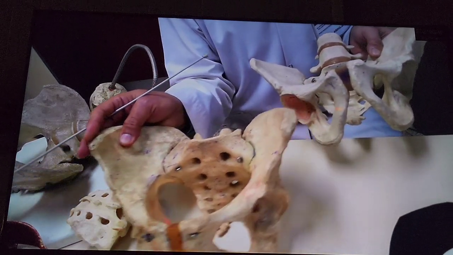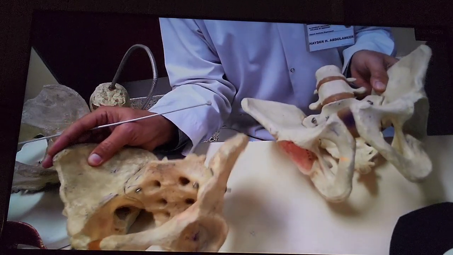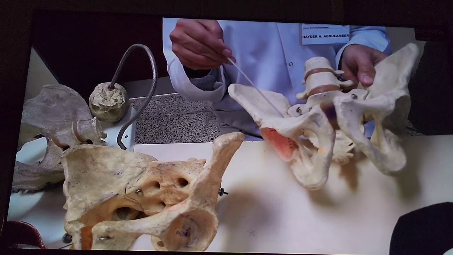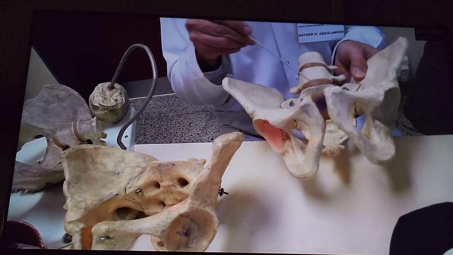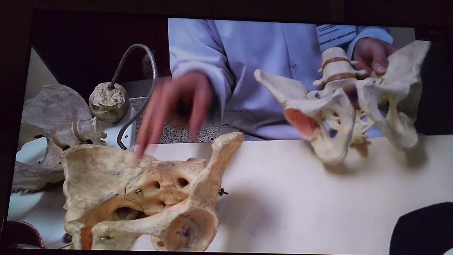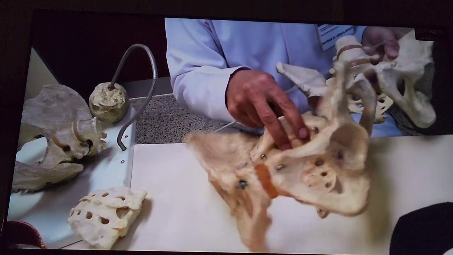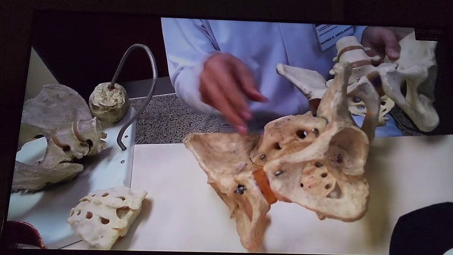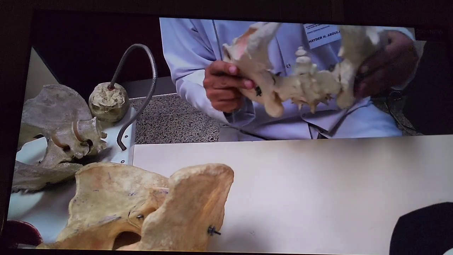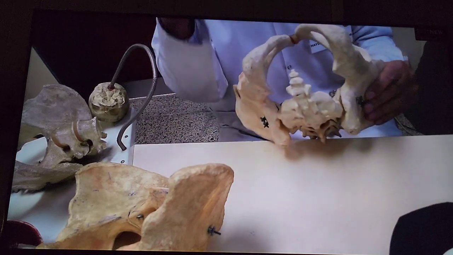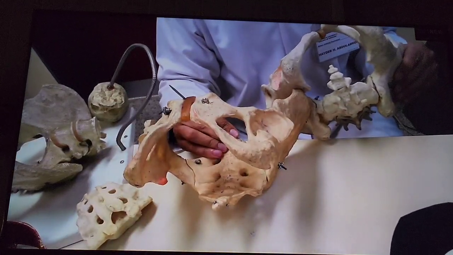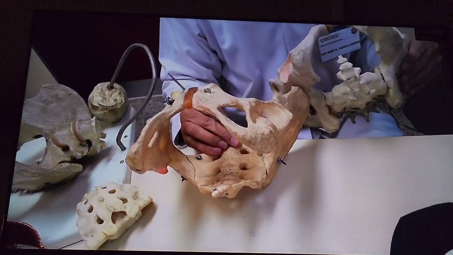While the pelvic inlet is heart-shaped in male, in female it is oval-ish. The pelvic outlet is relatively smaller in male than that of the female. The female is larger than that.